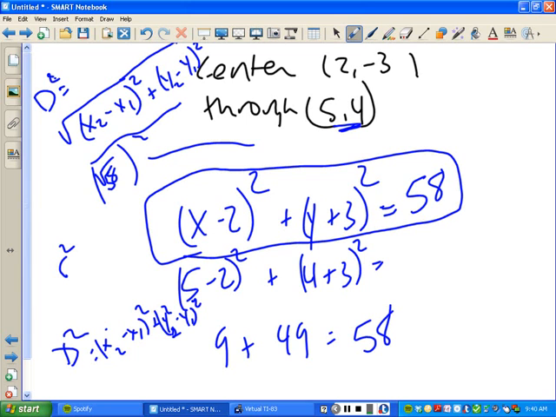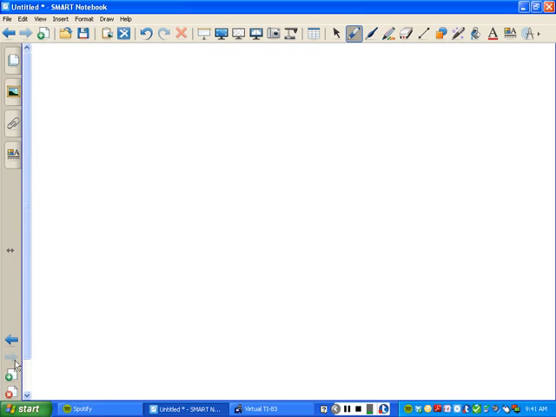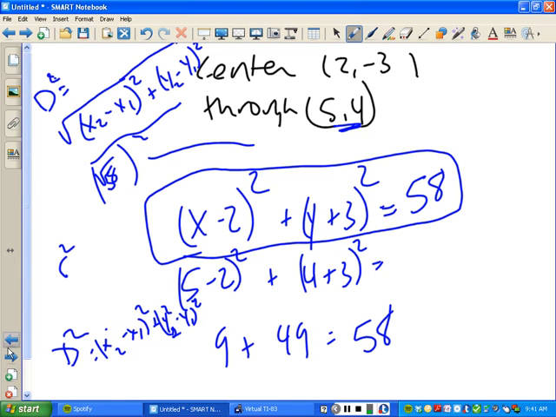Anybody know what that formula looks like? It's the center-radius form of a circle. Change out the x2, put in the x, change out the y2, put in the y, and basically you have a formula for a circle. All right. With that being said, we're going to stop right there.